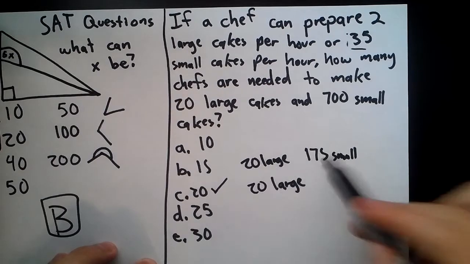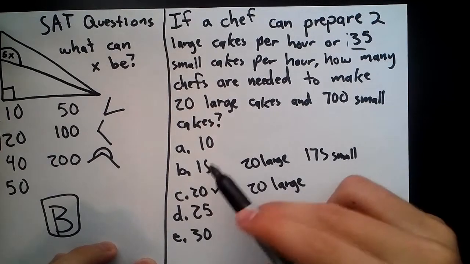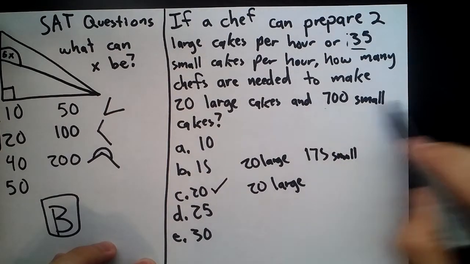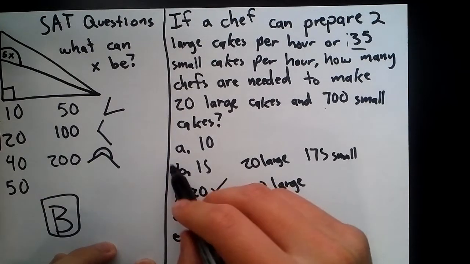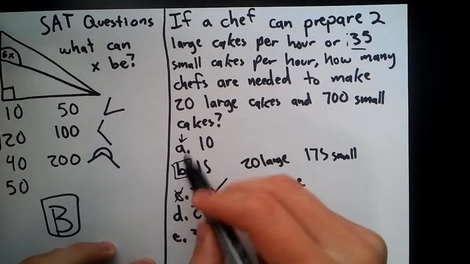So that's only after 1 hour. And then 2 more hours would be 15, with 15 chefs, that would be more than 700 small cakes. So we know that it's not C. It could still be B, but let's check A. If it's not A, then it's going to be B.